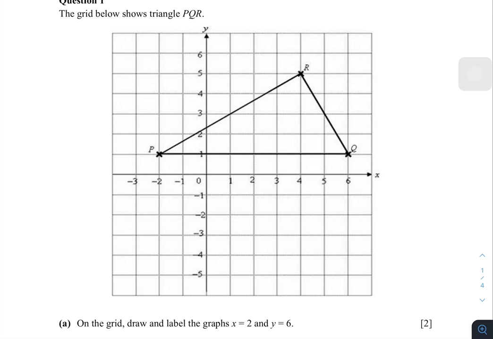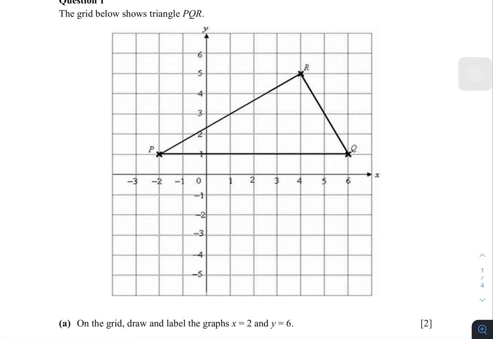Okay, so here on the grid, we draw and label the graphs x equals 2 and y equals 6. For x equals 2, the graph will look something like this. You notice the number 2 on the x-axis. It's better to draw the graph in this manner because all the x values are actually 2.